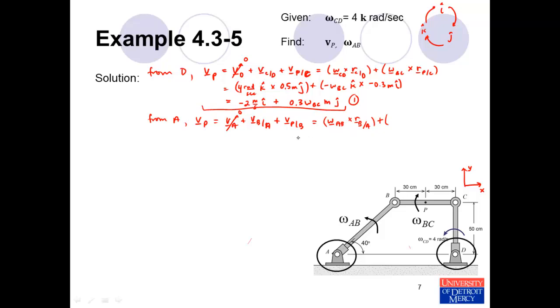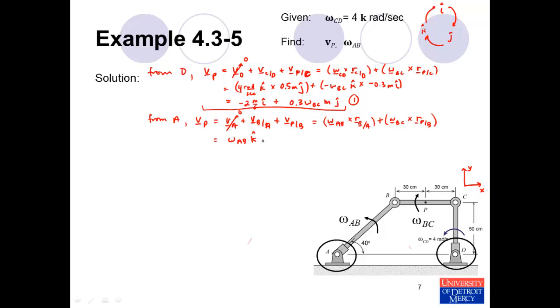We do the same thing for P relative to B, where again we consider P moving in a circle about B. We again use our angular velocity, omega BC, crossed with the position vector. We have that, we can plug in. So we don't know what omega AB is, but we've assumed a direction. We roll our fingers on our right hand in that direction. Our thumb points out of the paper.